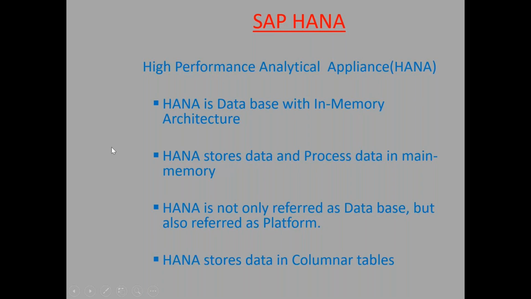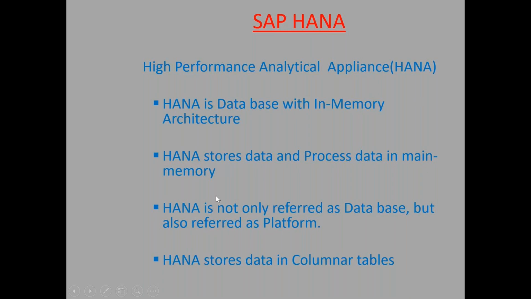So SAP HANA is used not only as a database, but also as an application server. And HANA stores the data in columnar tables. Generally, other databases store the data in row-wise tables, but since HANA stores data in columnar tables, the access is much faster.